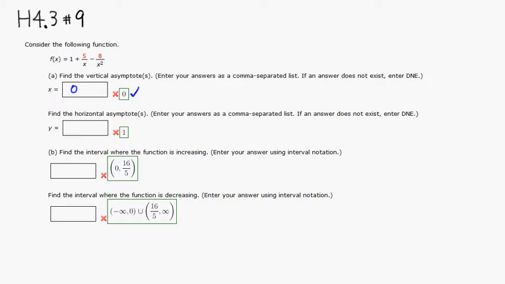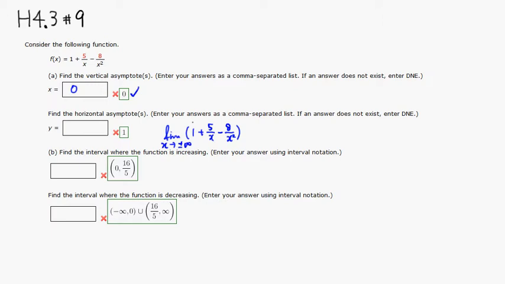In order to find horizontal asymptotes, all you have to do is take the limit. So we have the limit of this function, 1 plus 5 over x minus 8 over x squared, as x approaches either positive infinity or negative infinity.